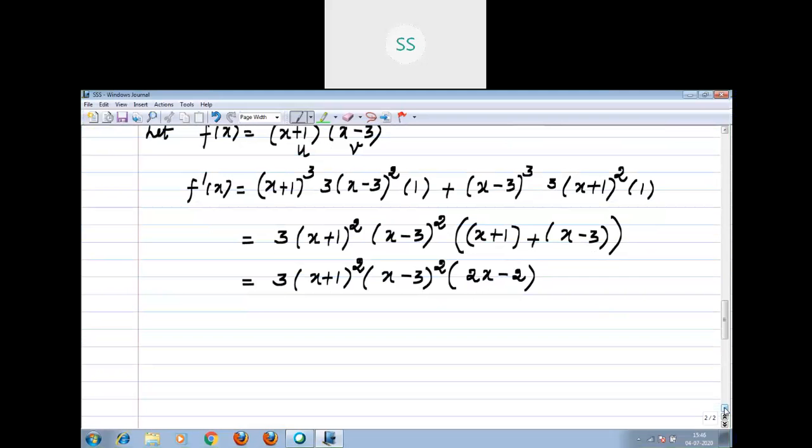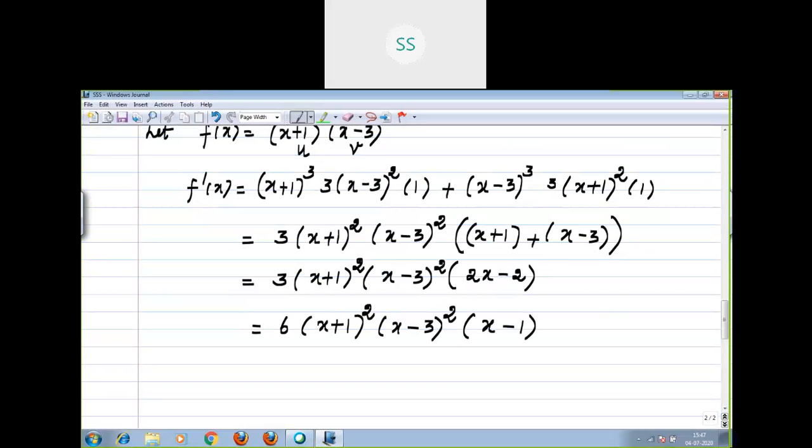So everything is a multiplication, so 3 2s are 6. x plus 1 the whole square, x minus 3 the whole square. Inside the bracket, what can you get? x minus 1. Very good, right?